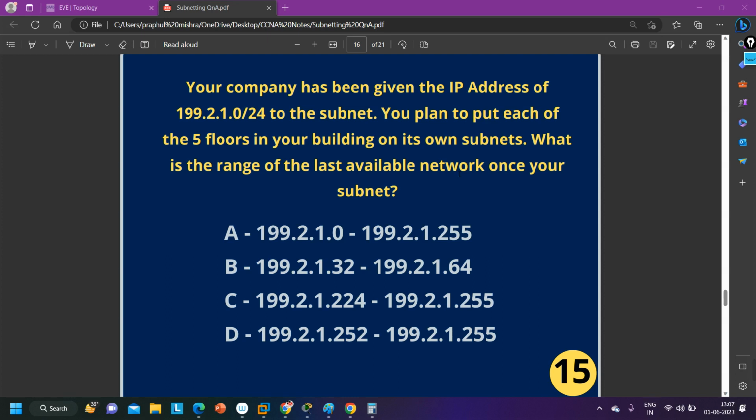I am starting a combo batch of CCNA and CCNP today in the evening. It is for certification only. These people are interested in CCNA certification, so the duration is only 20 days.